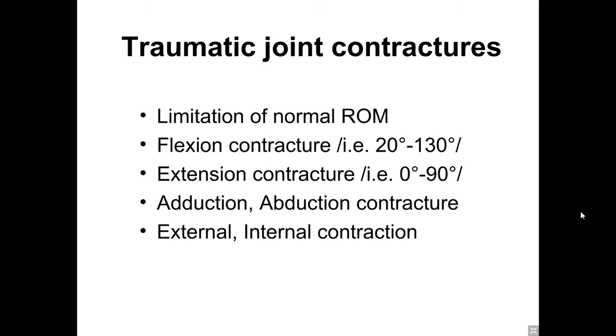Abduction and adduction contractures are seen in different joints, for example, in the hip joint, external and internal rotation contractures also in the hip joint. But for the knee, we could discuss only three types of contracture: flexion contracture, extension contracture, combined contracture.